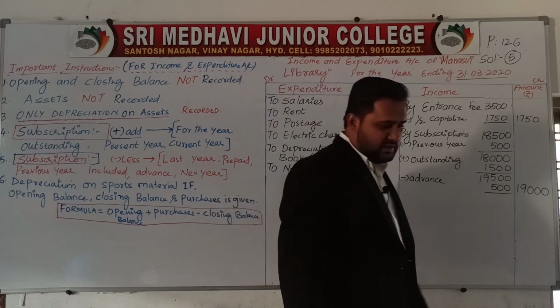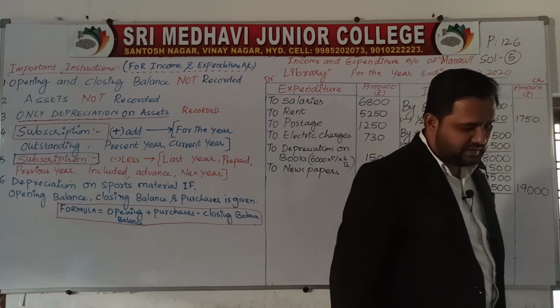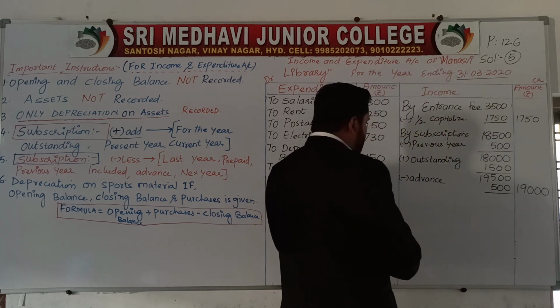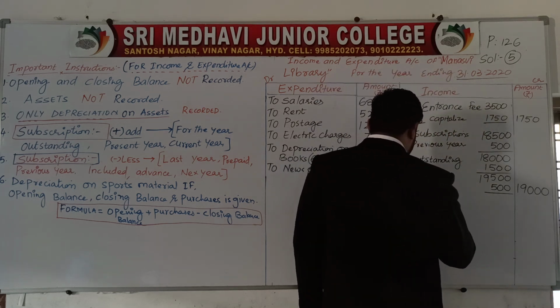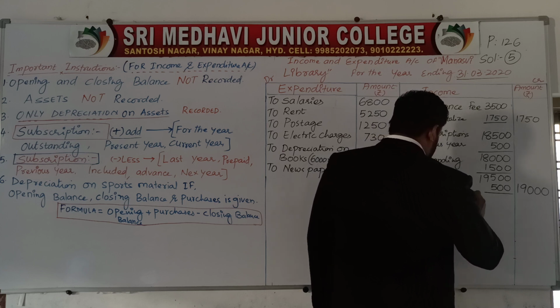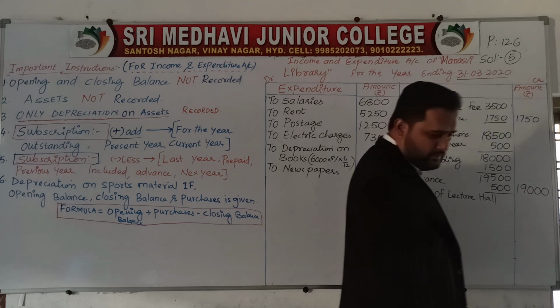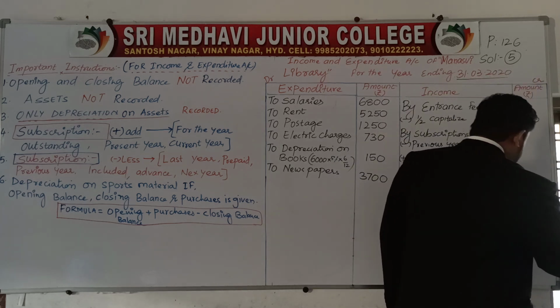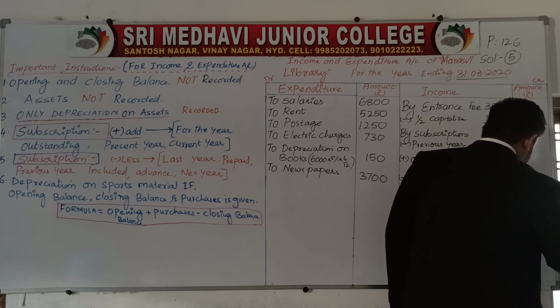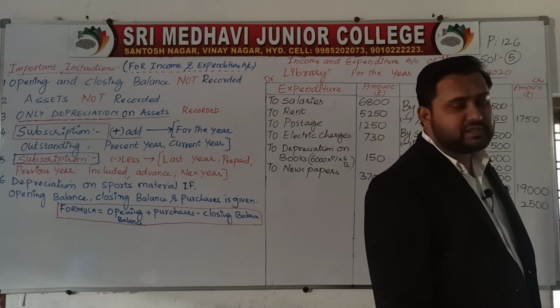Now what is the next receipt here? Rent of lecture hall 2,500. By rent of lecture hall 2,500. Interest on investment is given.